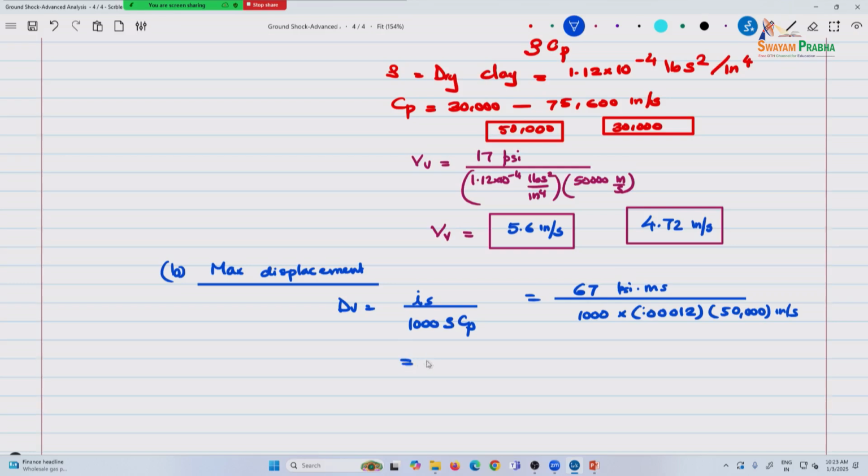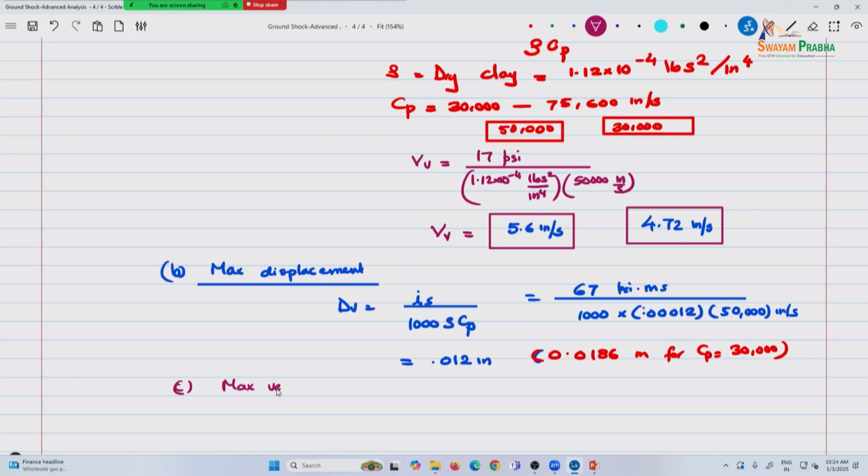So it comes to 0.012 inches, and it comes to 0.0186 inches for Cp equal to 30,000. The displacement is higher. The third is what you will use for a seismic type analysis.